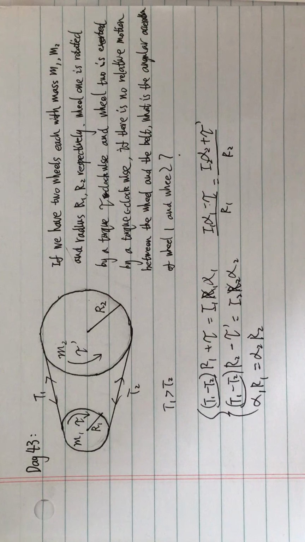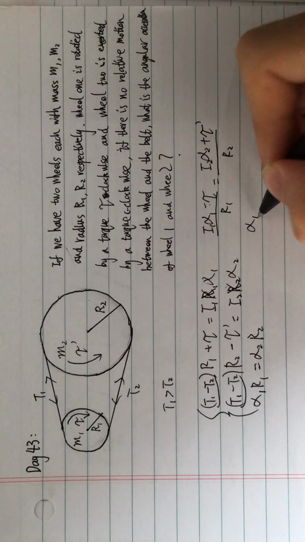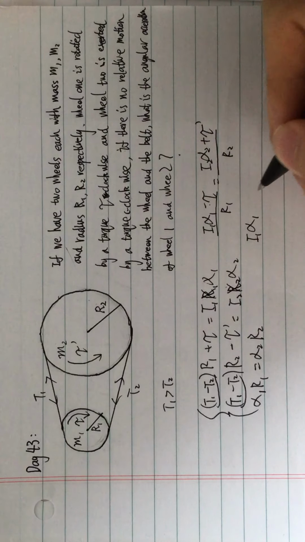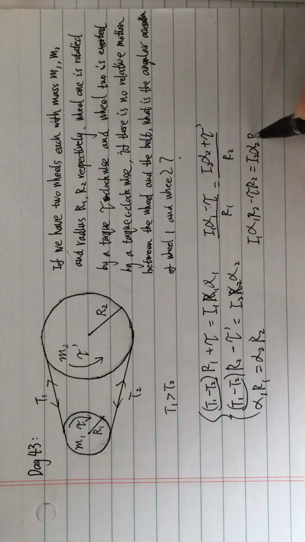Then we can solve for alpha 1 in terms of alpha 2. So alpha 1 times I1 times R2 minus torque times R2 is equal to I2 alpha 2 times R1 plus the torque prime times R1.